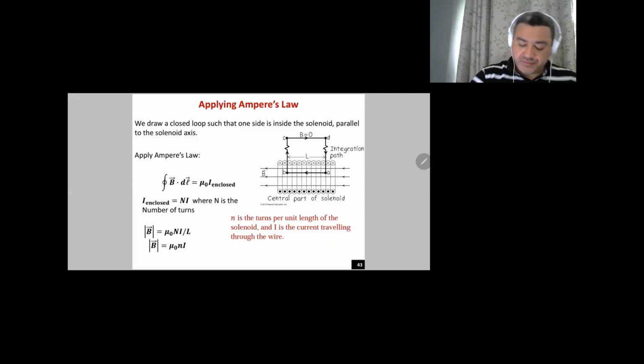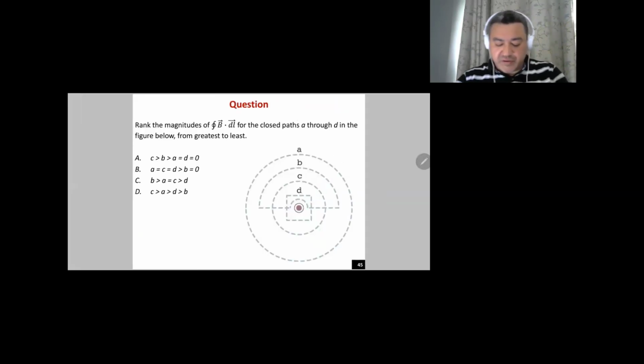So let's look at this example as well. You probably should be able, just by inspection, looking at this problem, to know how to arrange the integration of the magnetic field along the differential element on those closed paths.